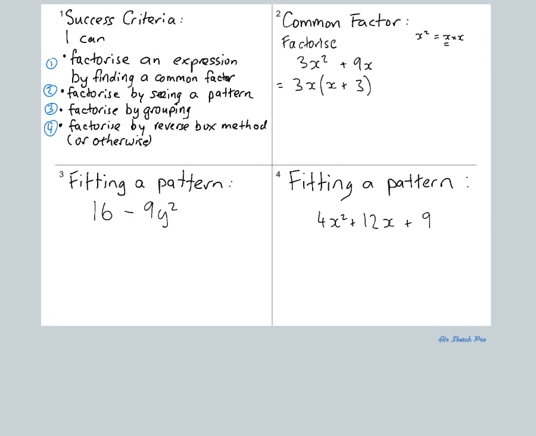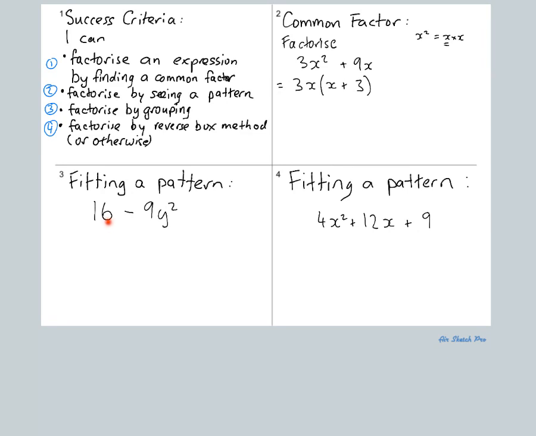So that's probably a pretty good giveaway that it does fit some sort of pattern. Then we see that we've got 2 terms there, 16, and we've got a minus, and then we've got 9y squared. So seeing that subtraction of 2 terms should immediately allow yourself to think, I wonder if this is a difference of 2 squares.